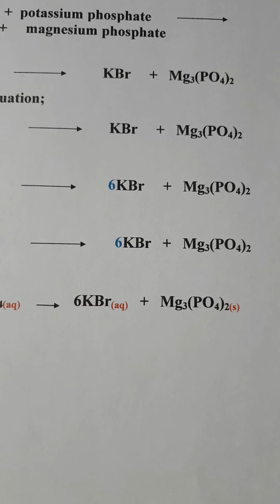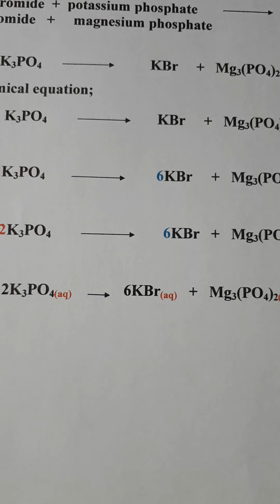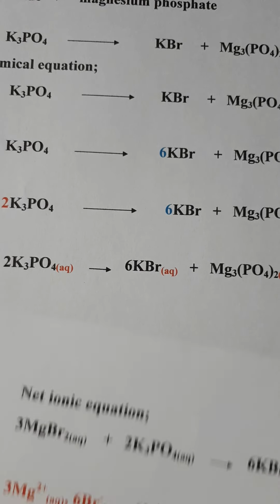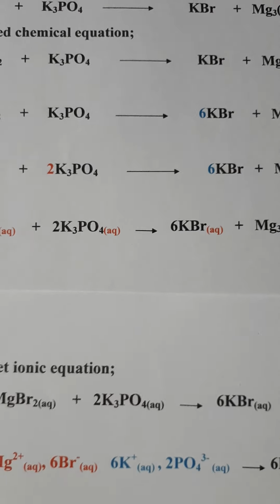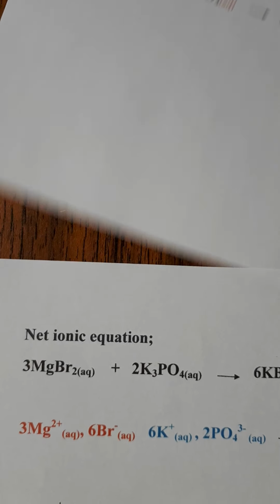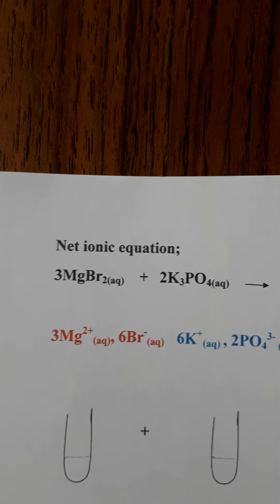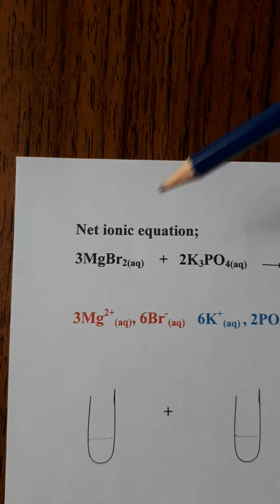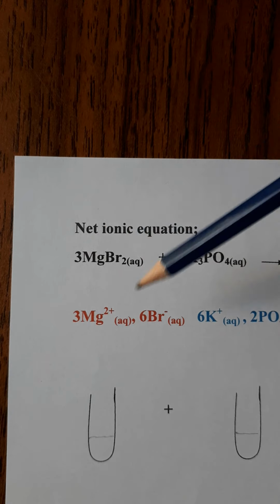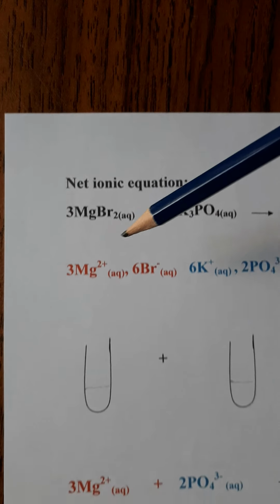And now we are going to see the net ionic equation of that. Net ionic equation. I wrote it again here. Now we can break down into ions. They are dissolved in water, they are swimming around in the water freely.